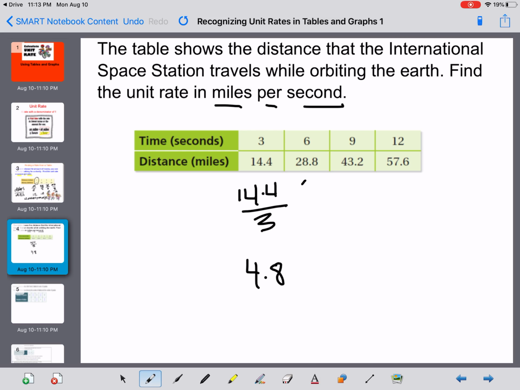Let's try the next one, 28.8 divided by 6. Oh, and I get 4.8. I'm going to guess the rest of the table is going to be the same. So our unit rate in miles per second is 4.8 miles per second.